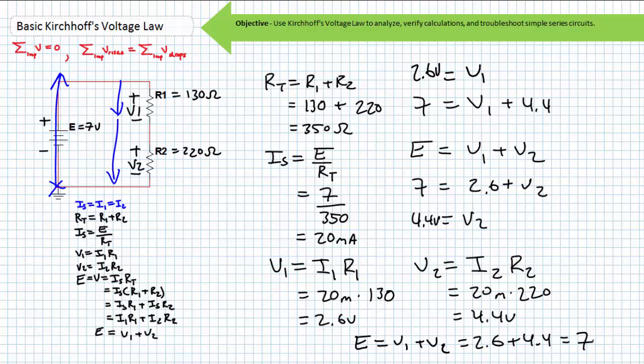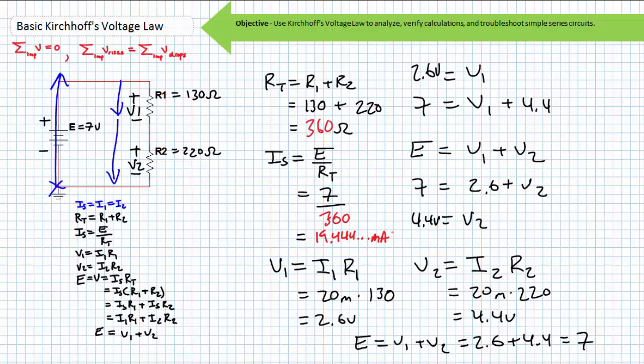For example, let's say we totally messed up the first step of the problem and just added numbers wrong. 130 ohms plus 220 ohms equals 360 ohms. Don't laugh, it happens. With a 7-volt source and 360 ohms of total resistance, we would anticipate close to 19.4 milliamperes of current traveling through our circuit.